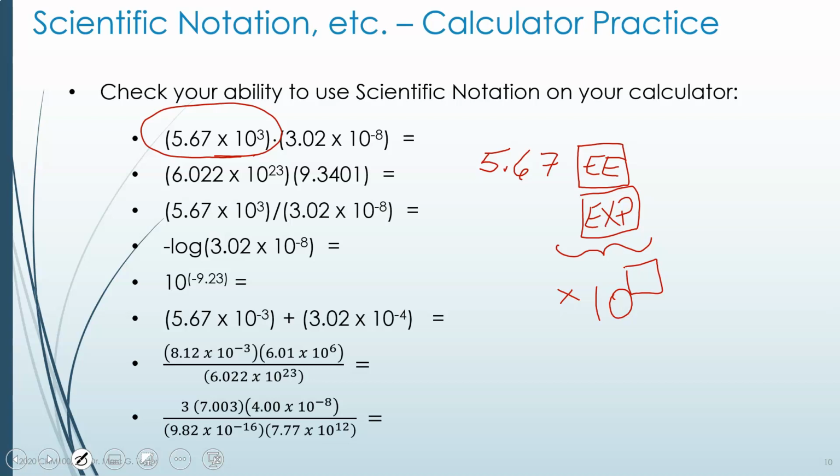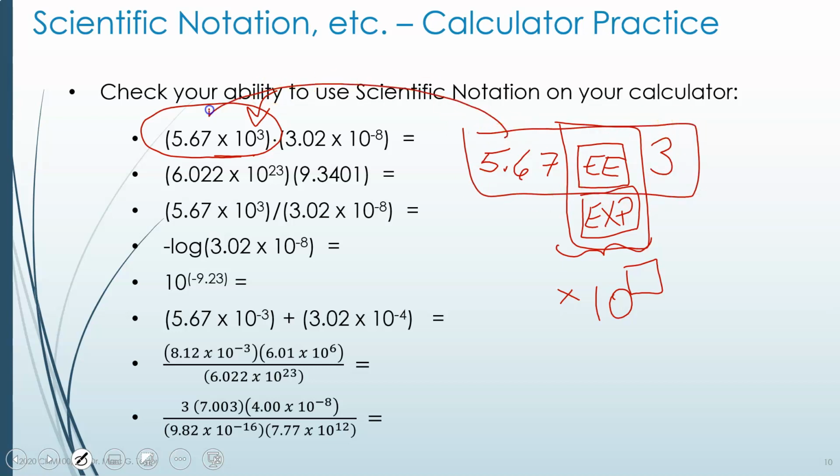So please do not use the 10 to the x button for exponents in scientific notation. Use one of these two buttons depending on your calculator. And then you will put in your exponent. Well, in this case, the exponent is a 3. And then this would be represented on your calculator.